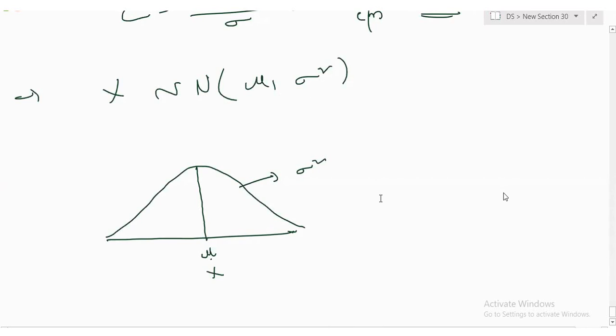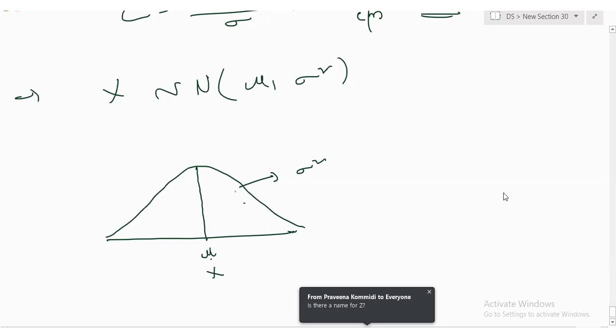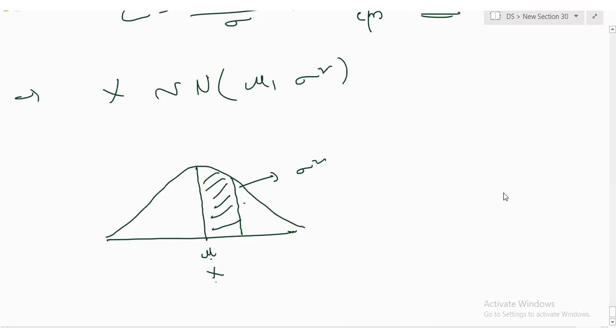No question? Okay. Now, let's say I want to find out the area from here to here. Let's say this is X. Let's say we have taken that Modi's problem, height data, right? So let's say this is 170 centimeters and this is 180 centimeters.